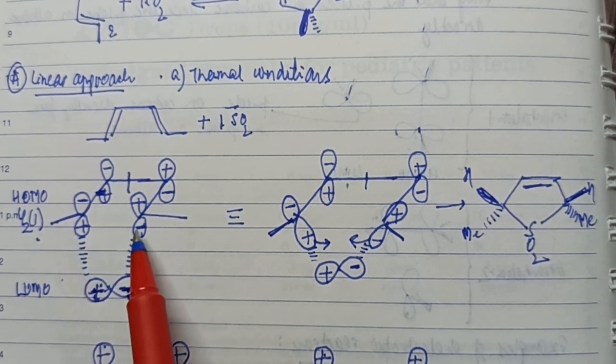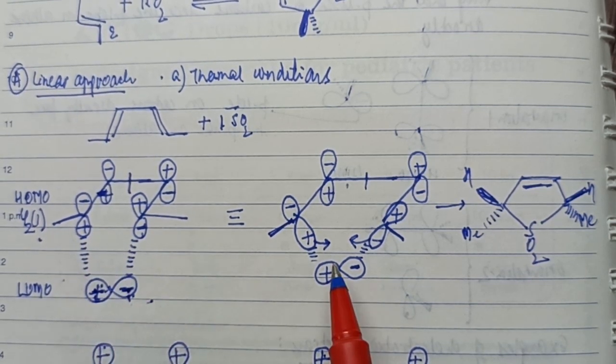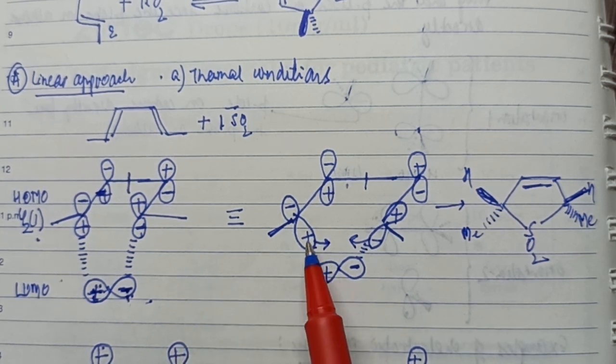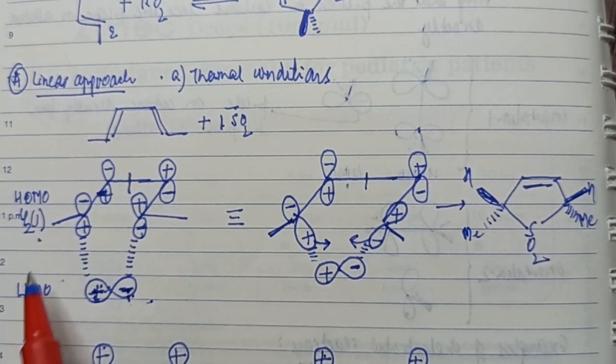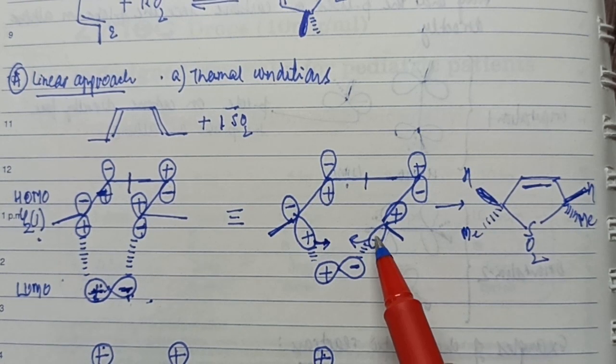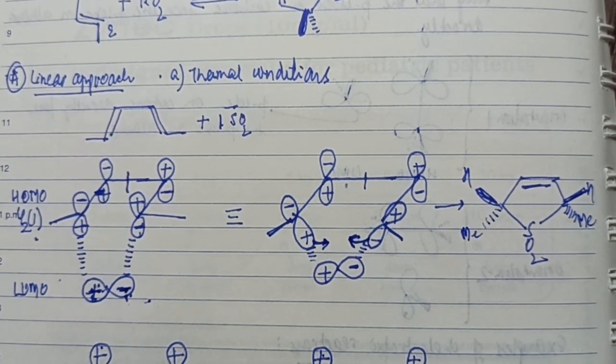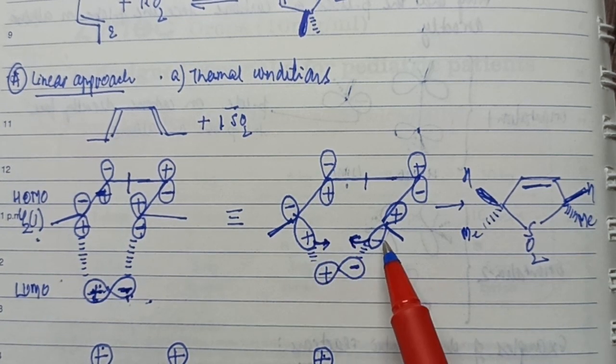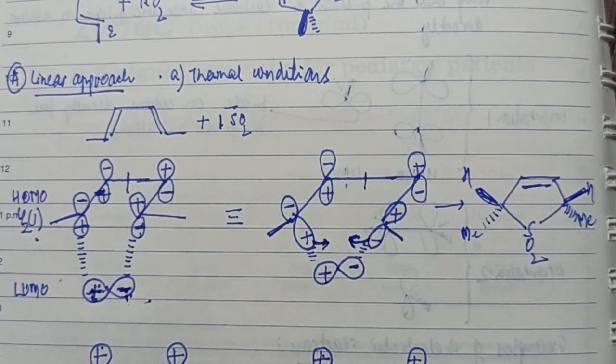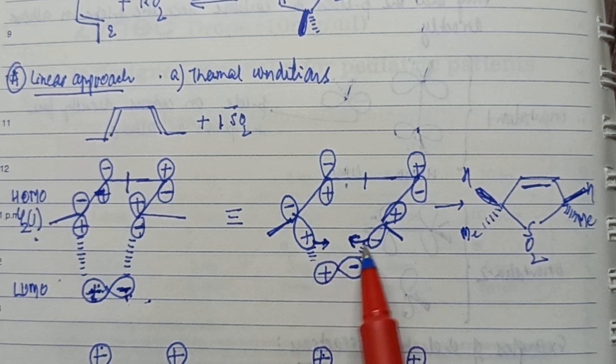Eventually these two lobes will move with respect to one another. To form the bond, this will move in an anti-clockwise fashion, and this will also move in an anti-clockwise fashion. So both lobes are moving in an anti-clockwise fashion.